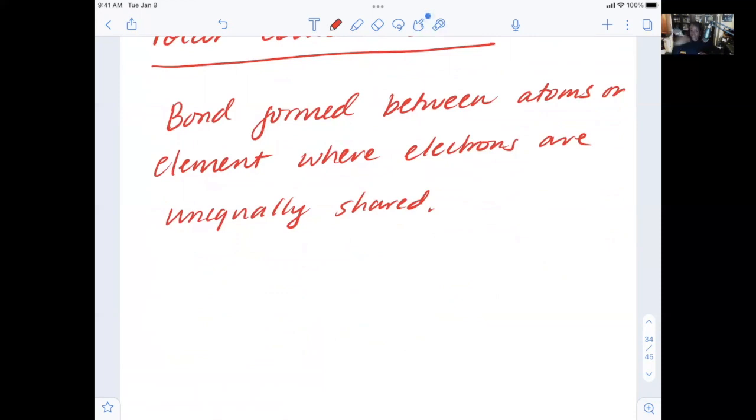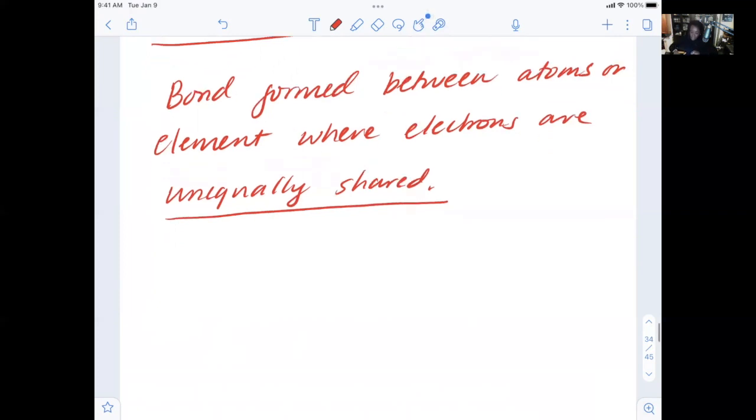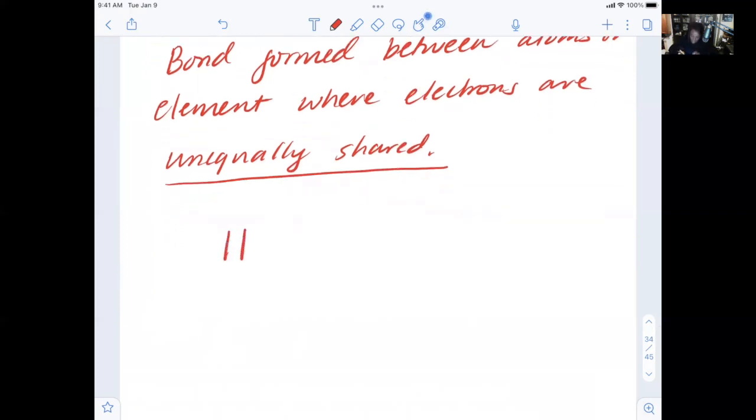In the eyes of the law, in the eyes of the world of chemistry, they're still sharing, but they're just not sharing equally. For some reason, one of the elements has certain access or privilege, and the reason is electronegativity, okay? That allows them to just have more access to the shared electron. So to illustrate that, I'm going to give you guys an example of hydrogen and fluorine, okay?